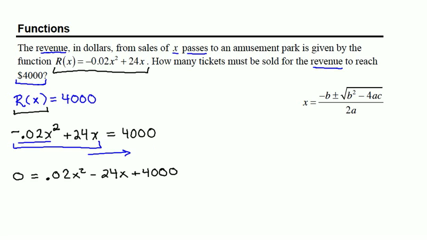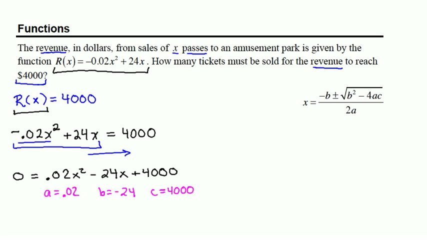You could factor out a common factor of 2, bringing this down to 0.01x squared. And you also could attempt to factor this polynomial. Lots and lots of options. What I'm going to choose to do is just take it exactly as it is. a equals 0.02, b equals negative 24, and c equals 4,000.